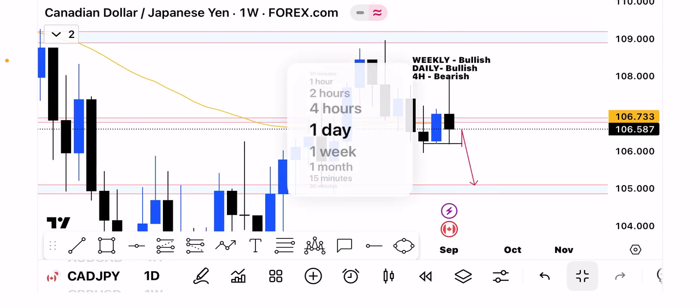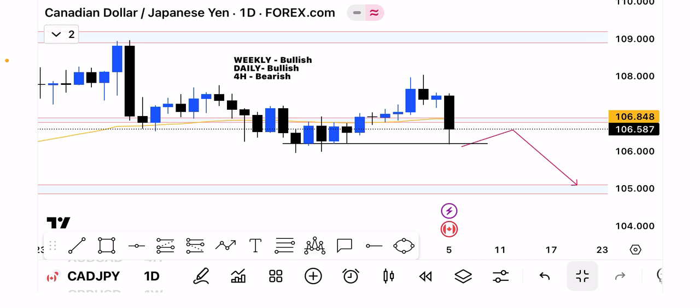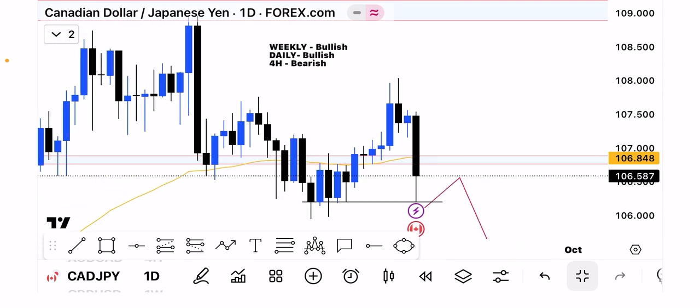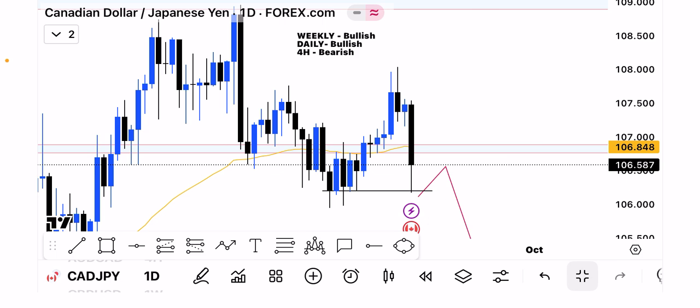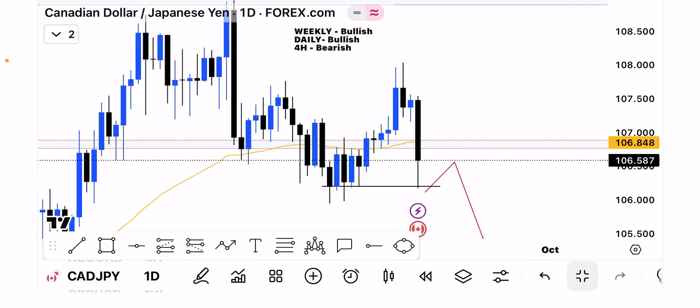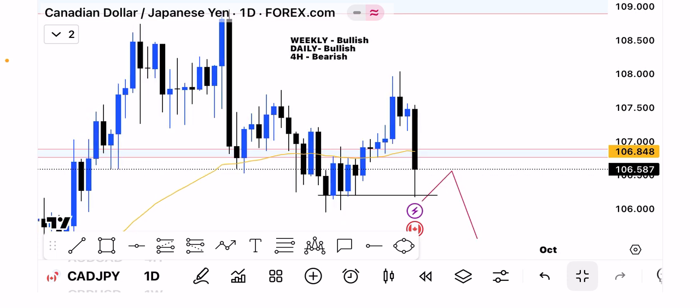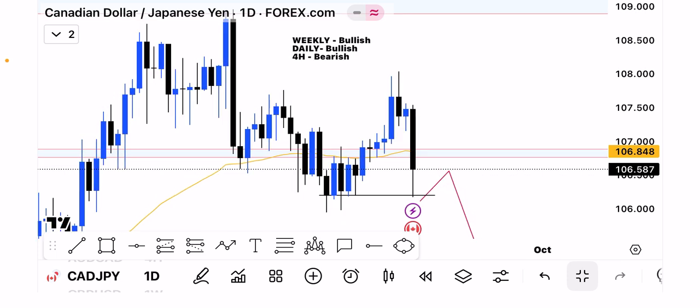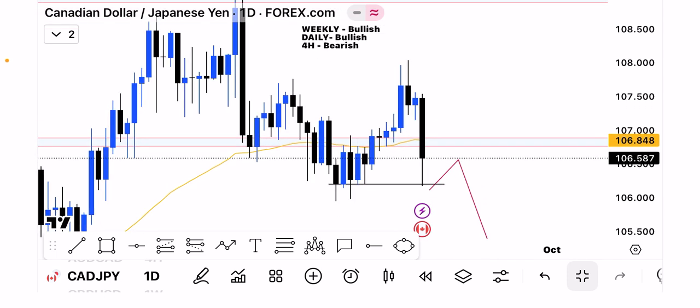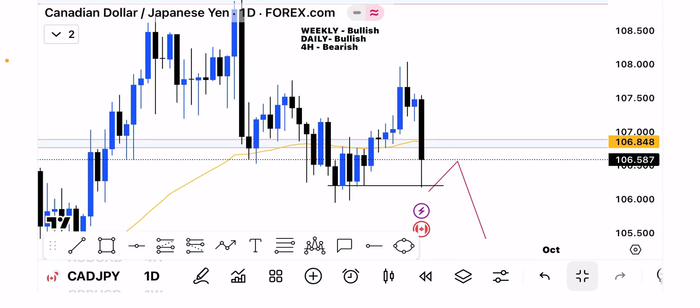So moving on to the daily time frame. Daily time frame is also bullish. You can see. You see that the daily time frame is also bullish.